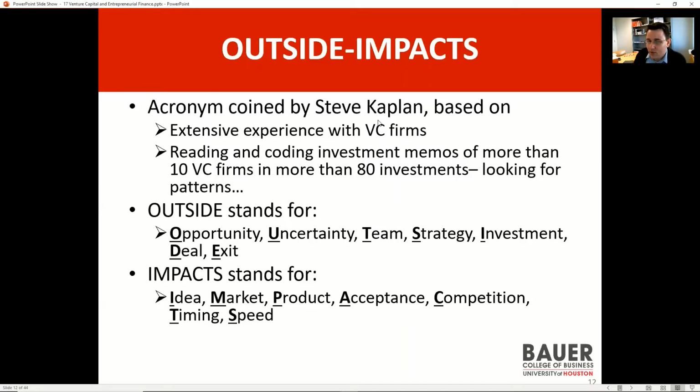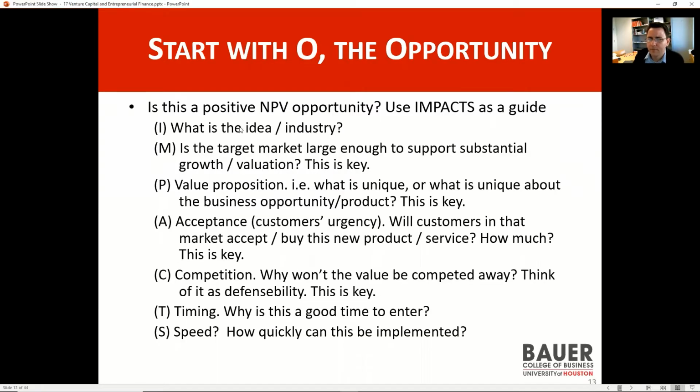And so he was able to read and code these internal memos, these discussions on 80 investments, for 10 different VC firms, and he was looking for some kind of a pattern. And this outside impacts acronym is what he came up with. So we'll talk about each in detail here.